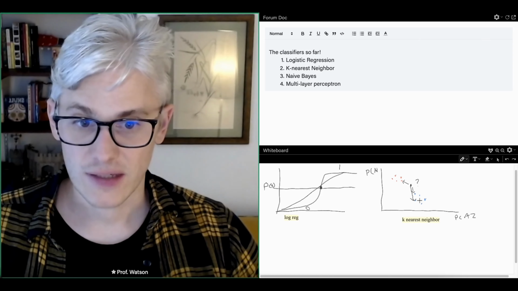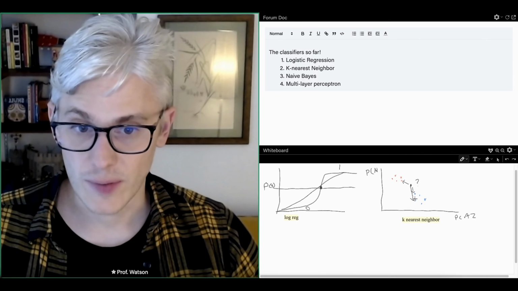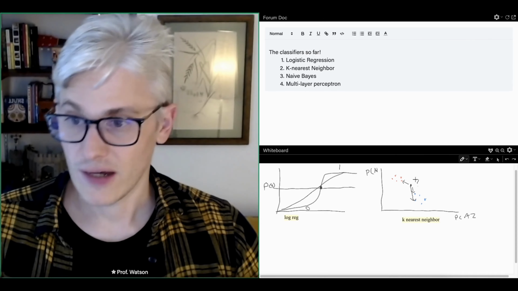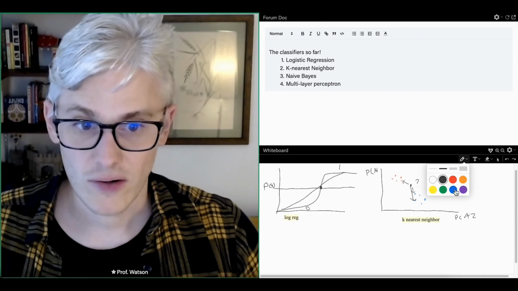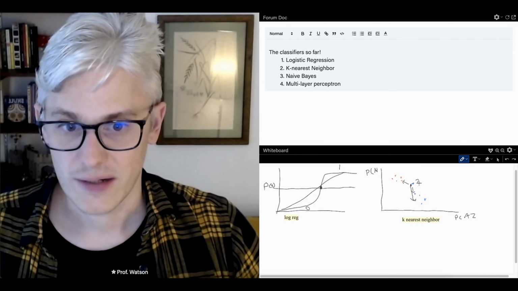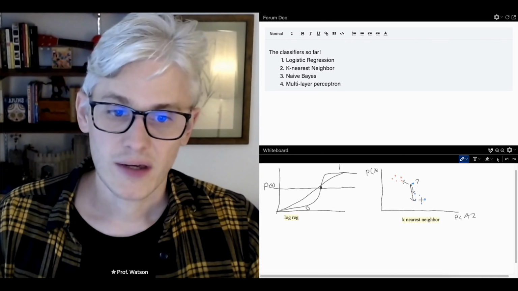So if the closest, we have 3 neighbors here, one of them is red, 2 of them are blue. And so if we were having a k equals 3 nearest neighbor model here, we would call this new dot, oh, it must be blue because it's closest to these 2 blue ones, right?